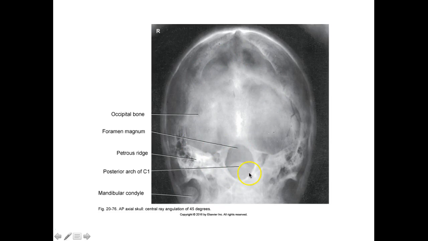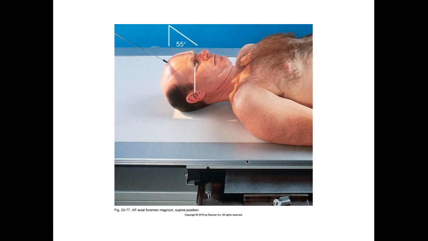You can see the posterior arch of C1, a mandibular condyle, and the petrous ridge, with a perfect view of your foramen magnum. It's a great shot. If we go 55 degrees, it's really good for the foramen magnum, so it's even better. It depends on what they want to see.